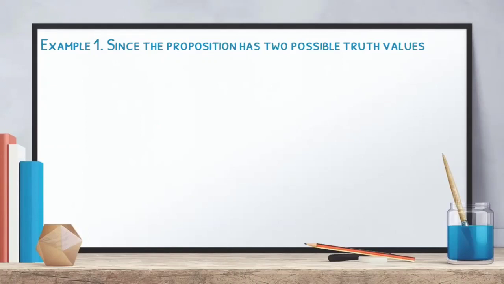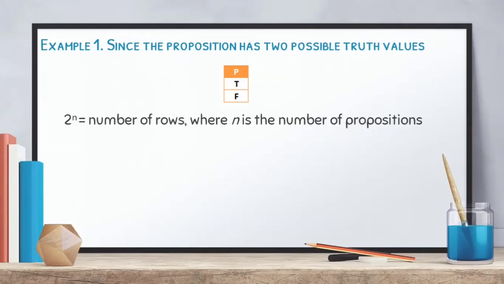For you to be able to understand the truth value and truth table, we're going to have an example. Since the proposition has two possible truth values, for only one proposition, we have two truth values. So that would be true or false. To determine the number of rows where n is the number of propositions, then we're going to use the formula 2 raised to n. So it is the same in getting the subsets if we have a given number of elements of our set.